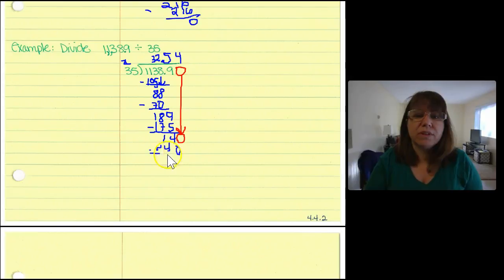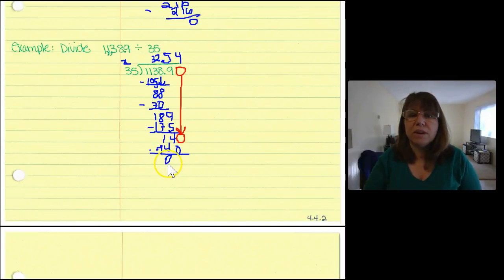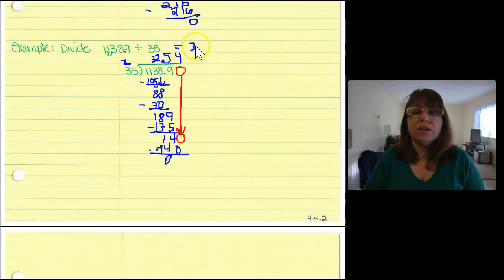That's about the worst one I've ever seen. And then that is a 0. And I'm done. So I've hit the 0 and I'm done. So my solution here is 1,139 and 9/10 divided by 35 is 32.54.